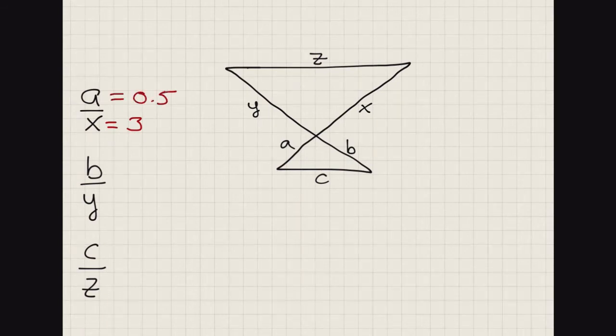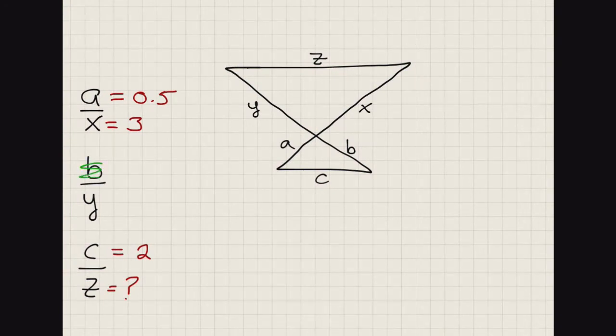I'm going to write it as 0.5. What else do we know? Casey? C equals 2. And what are we trying to find? Z. Which proportion do I not need to worry about in this particular example? David? B and Y. Yeah, B over Y is not necessary for this particular example.